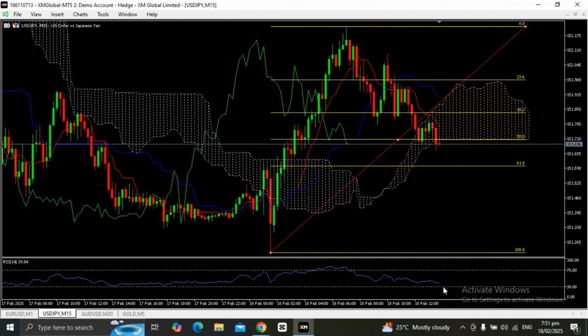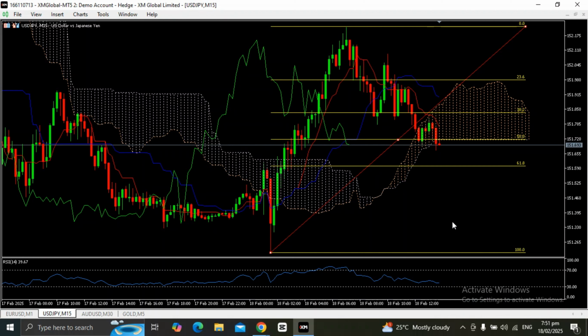Once there are lesser sellers and more buyers, then the price will go up because it's just the law of supply and demand. Now, if that is the scenario, then your RSI is here, meaning there's a chance that the bulls or the buyers will buy and that will drive the price up.